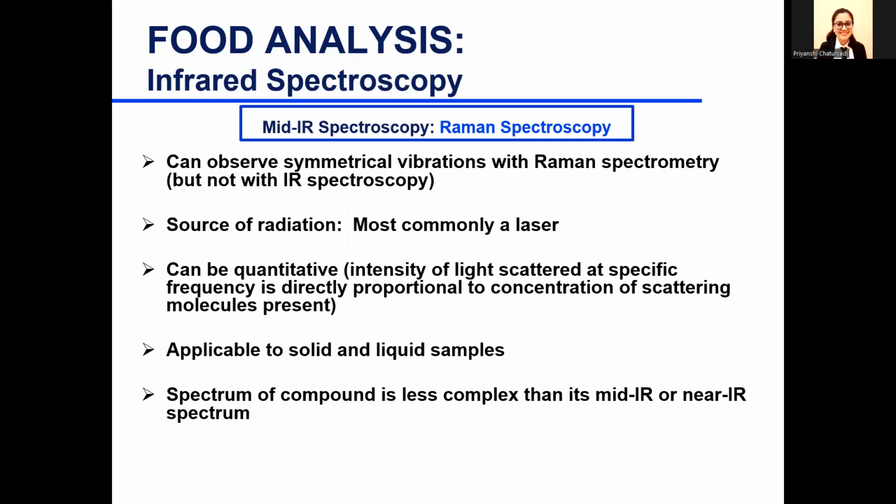But if you can't do that, Raman is really great for that because water is not Raman active. So if you've got beer or a fruit drink or something like that, you could also use Raman spectroscopy to identify the sugars in it.